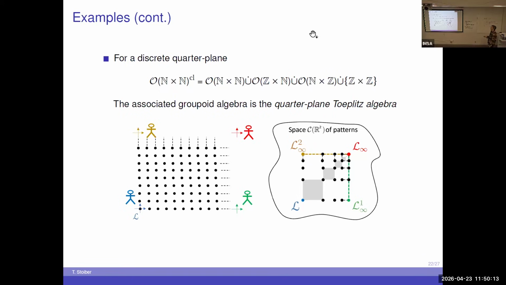And similarly, if he walks along the other edge, he will see another half lattice. Whereas if he walks in any other direction inside the bulk, he will eventually see a full lattice. And this gives exactly the structure of these accumulation points of the orbit. And this gives us the unit space of our groupoid, which is a topological space. But mathematically, what we get is still what mathematicians call the quarter plane Toeplitz algebra. So this is also another known algebra, just another representation of it.